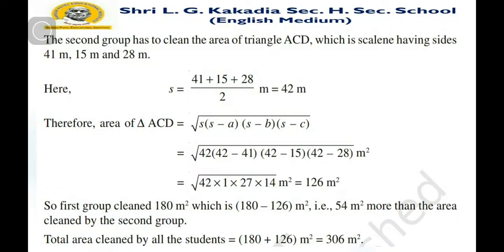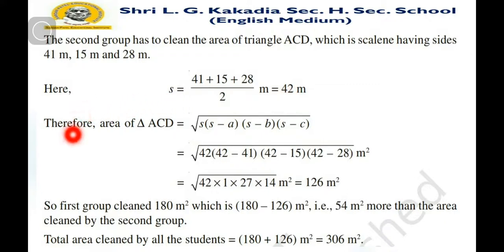Now the second group has to clean the area of triangle ACD, which is scalene, having sides 41 meters, 15 meters and 28 meters. So the semi-perimeter is equal to (41 plus 15 plus 28) divided by 2, which is equal to 42 meters.